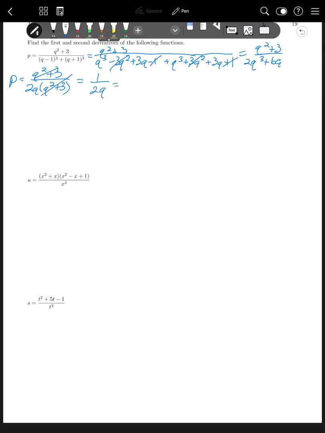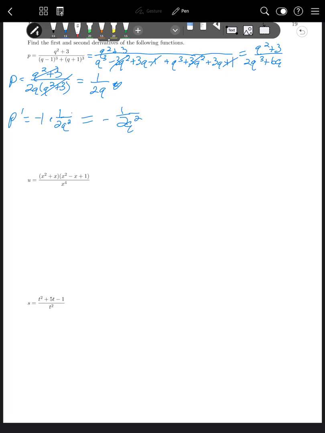So p prime: I multiply by the opposite of the exponent, so that's negative 1 times 1/2, or 1 over 2, and then I add 1 to the exponent, q squared. So this would be negative 1 over 2q squared. That is the derivative of that fairly complicated looking thing. And so that's the idea: try to simplify things if possible.